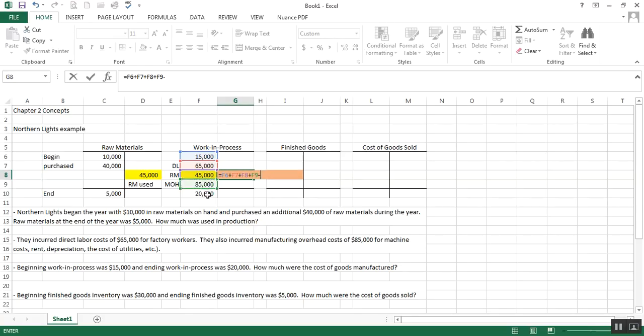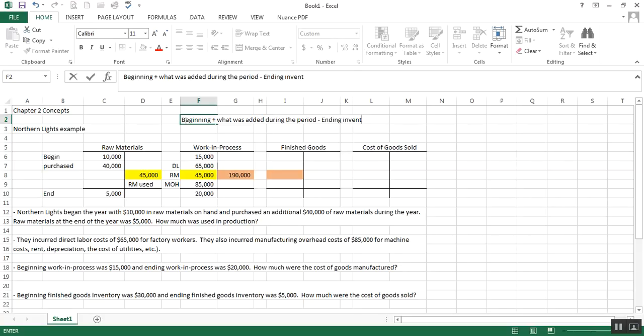So we're going to subtract our ending inventory. And our cost of goods manufactured is going to be $190,000. Okay? So you can see that 210,000 minus 190 gives you the 20,000. It's the same concept that we used here. The basic formula is beginning plus what was added during the period minus your ending inventory equals what was used or completed.